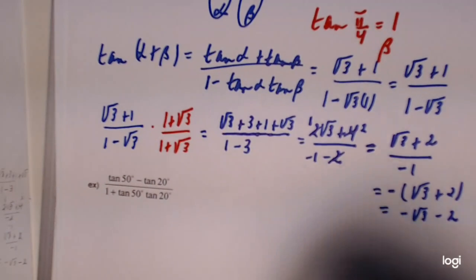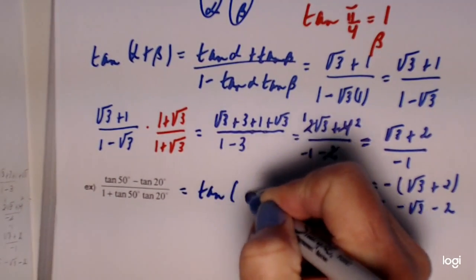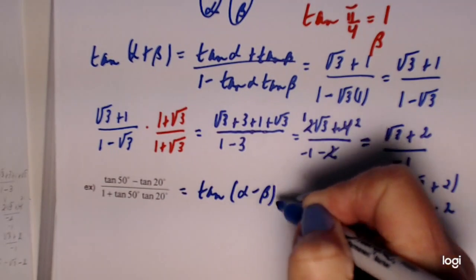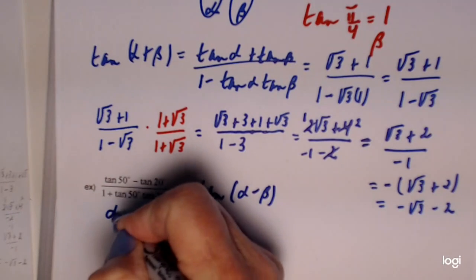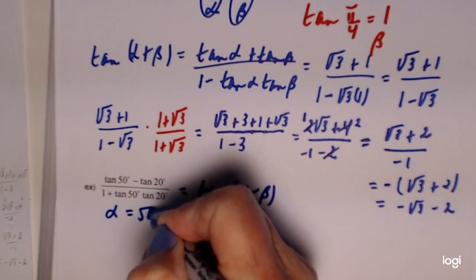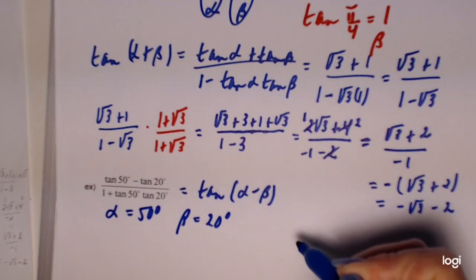So we have to figure out what's alpha and what's beta. Alpha is going to be 50 degrees, and then our beta is going to be 20 degrees.